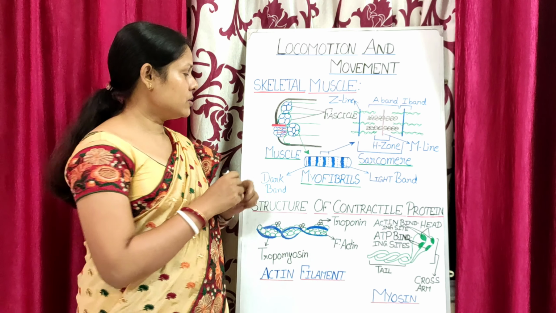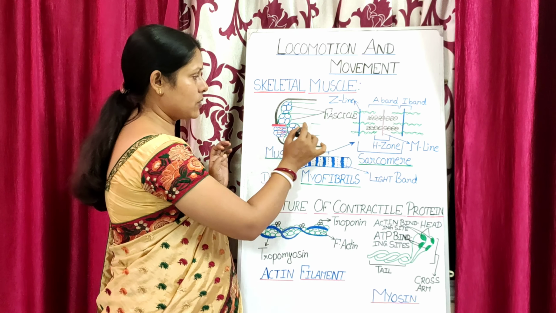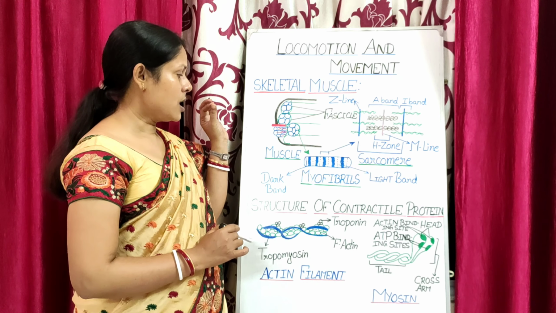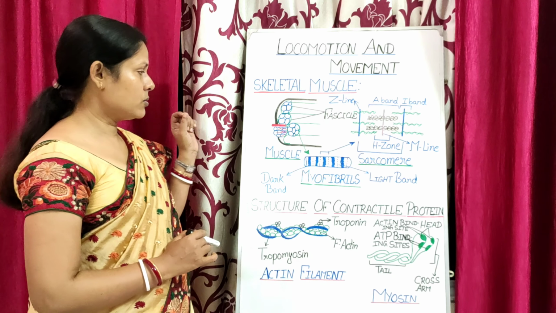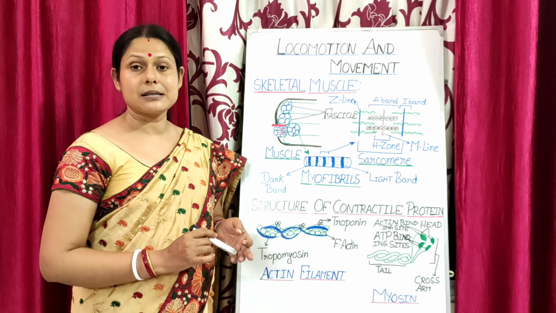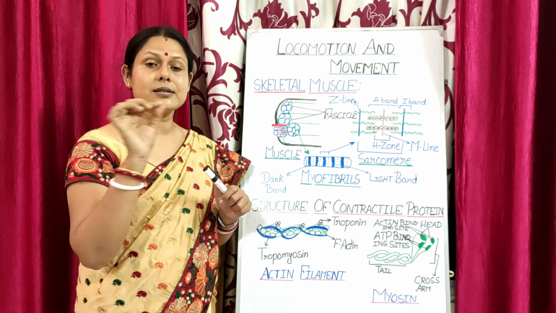Inside this fascicle, you can see here I have drawn some circular objects inside each muscle bundle. Now this particular unit is known as a muscle fiber or muscle cell.